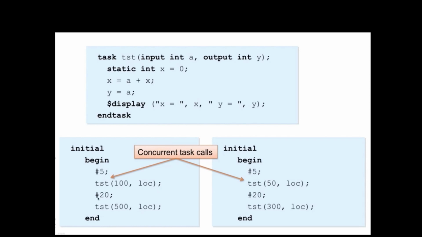The point is that these two tasks are actually called at time 5, but we don't know the order. And then we wait 20 and we'll call them again. So this is an example of calling the same task from multiple processes. An initial block is a process, and then we'll watch the variable get shared between these when they're static, and differently when they're automatic.